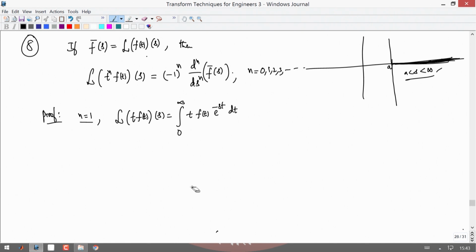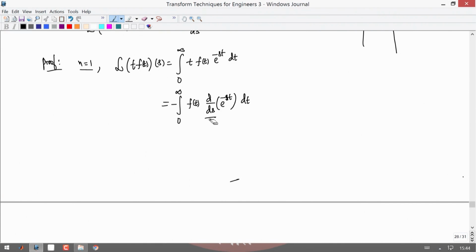What is this one? If you differentiate, I can write this as the integral from 0 to infinity of f of t times minus t e power minus st, which I write as the derivative with respect to s of e power minus st, with the minus sign.